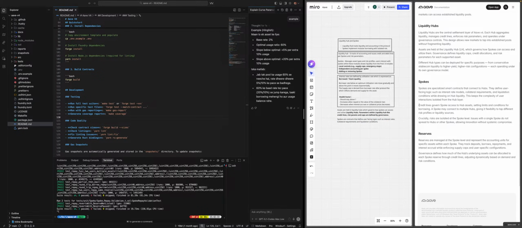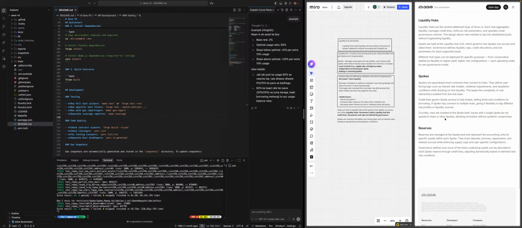Makes sense. Credit lines govern spoke access to hub assets, setting limits and conditions for borrowing. Credit lines are basically defined on liquidity hubs. A spoke may connect to multiple hubs, giving it flexibility to tap different risk profiles or sources of liquidity.